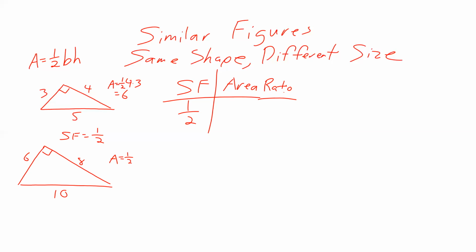I'm going to use the same two pieces. So 8 and 6. 1/2 of 8 is 4. 4 times 6 is 24. So if I wanted to write a ratio of the two areas, this area is 6. This one's 24.